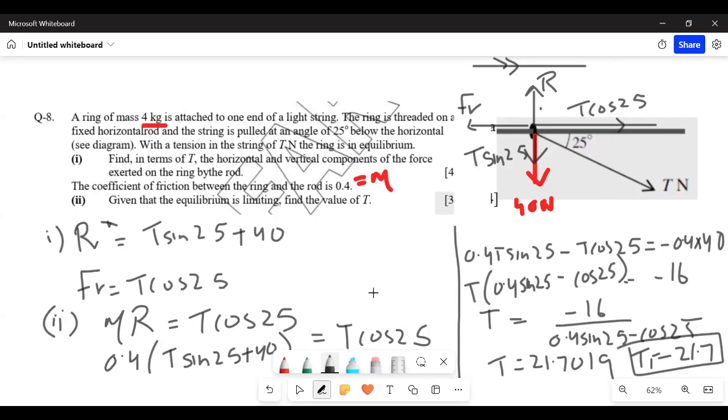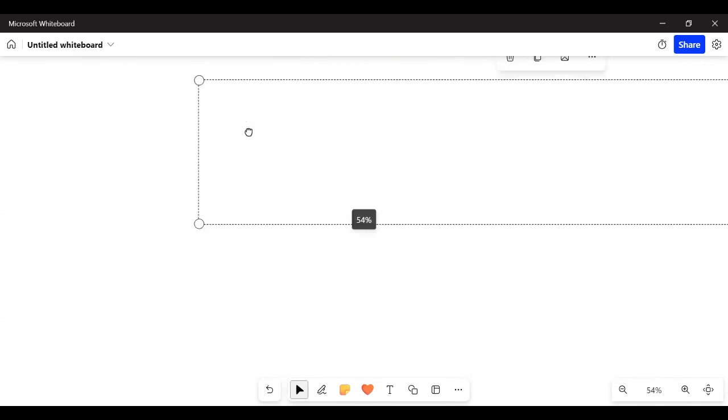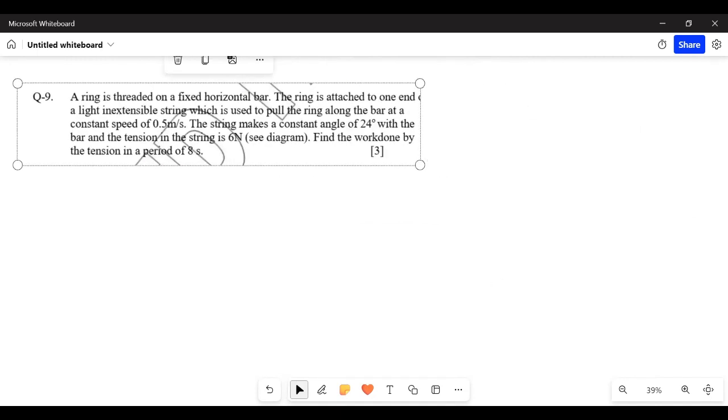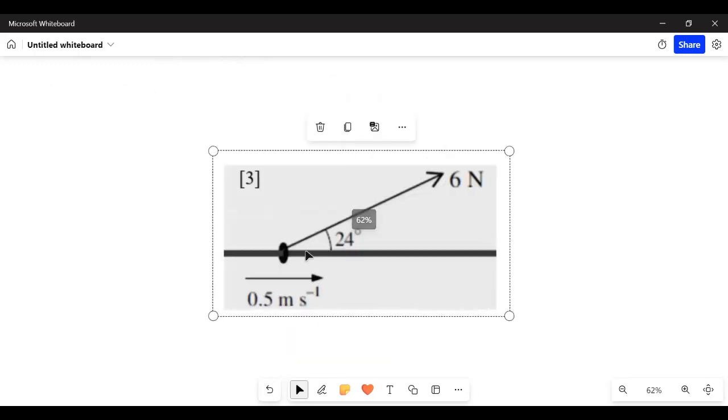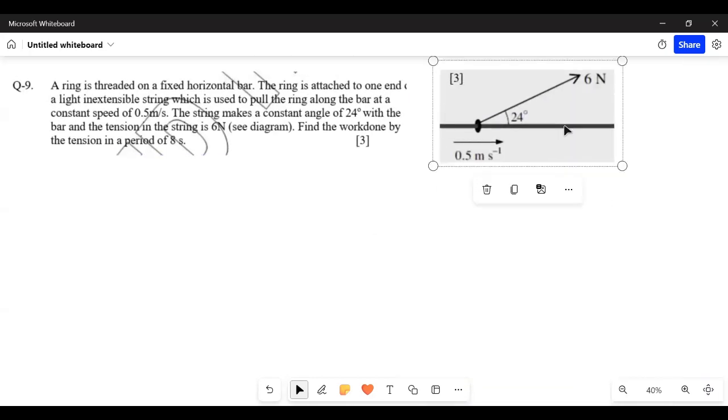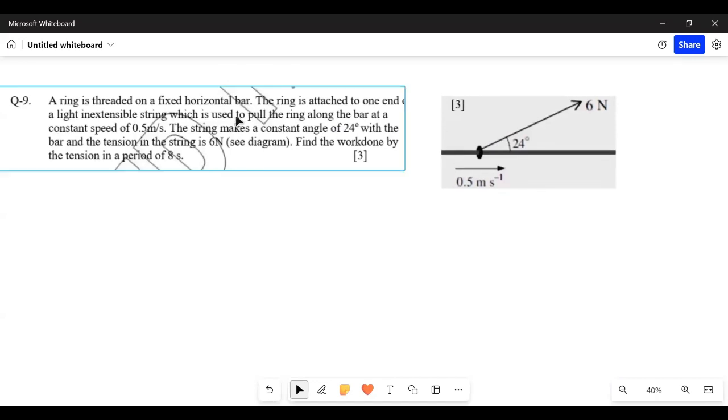Then we do question 9. A ring is threaded on a fixed horizontal bar.